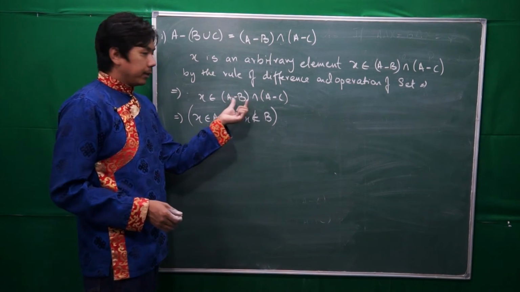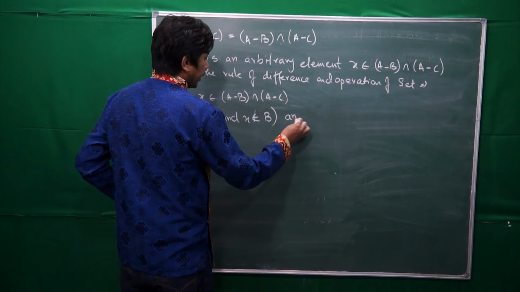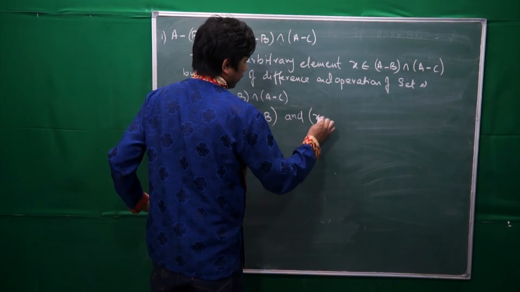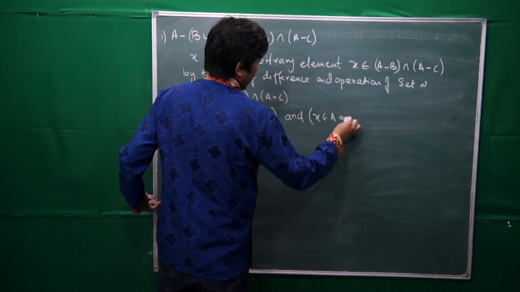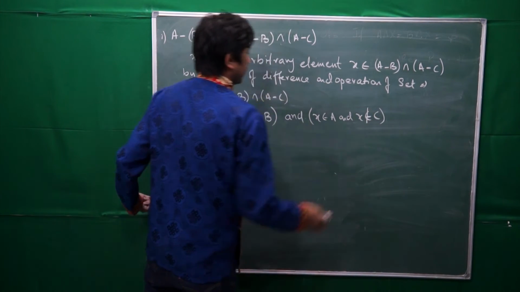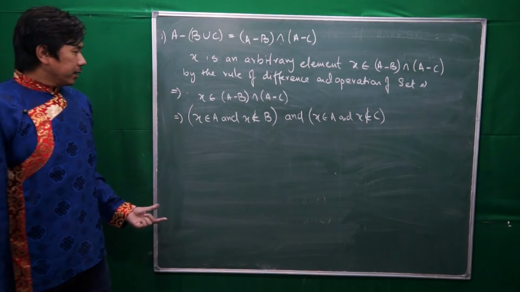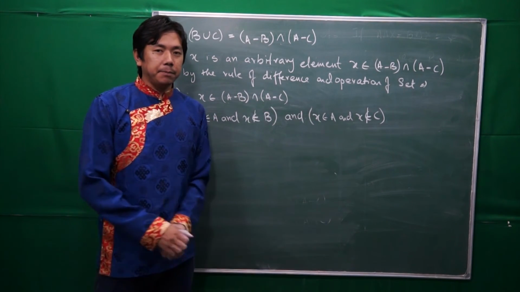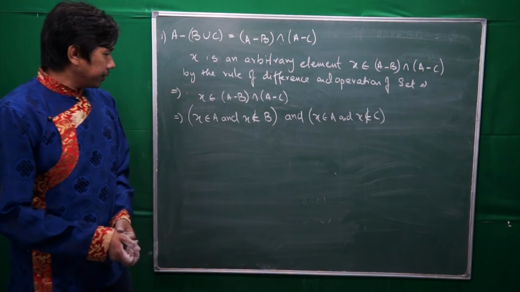Now intersection, and again X belongs to A and X does not belong to C. Now I'm breaking this down step by step, and it's clear. You can see it.